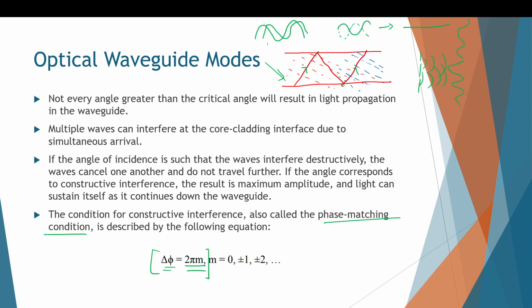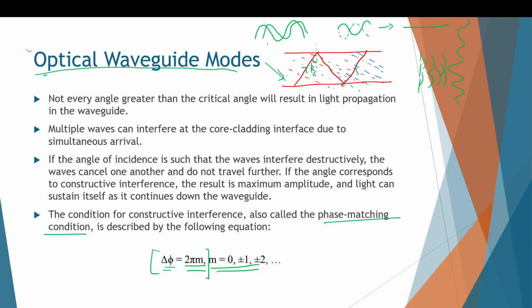So till now we were saying that any angle greater than theta c will suffice. However, now there is an additional condition: the particular angles at which the light is traveling inside the waveguide. So only particular angles will be able to travel, depending on this m, and these are called optical waveguide modes.